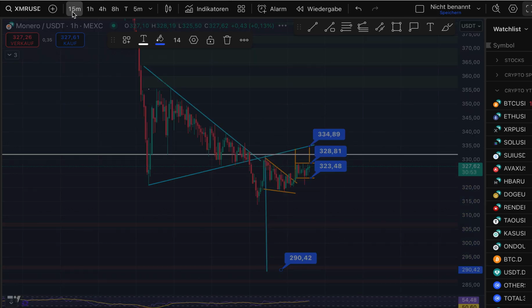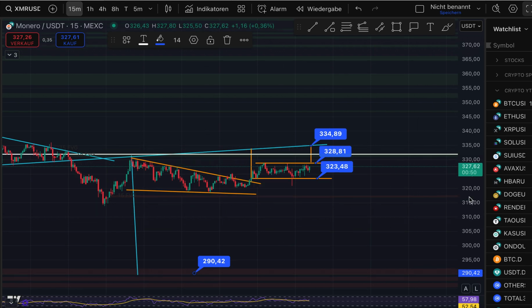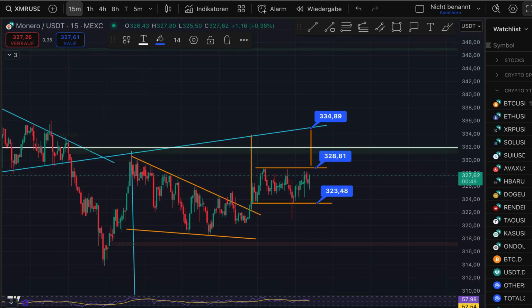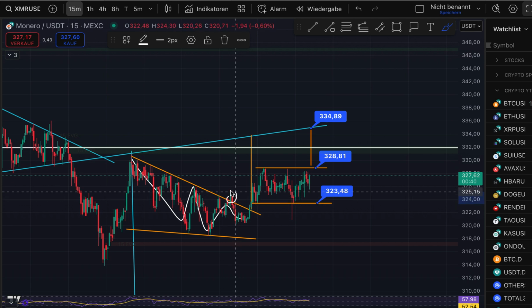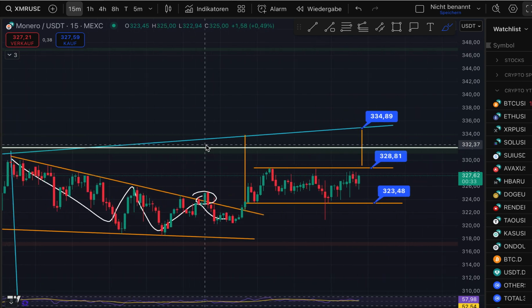Let's jump into the 50 minutes chart because I think here is something interesting. In my opinion, we have had here a falling wedge, which broke not here to the upside because we didn't get the retest, but here. Here was the breakout, here was the retest. I will zoom in and then you can see it.